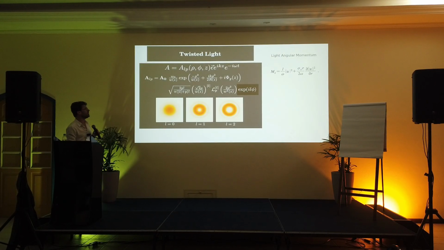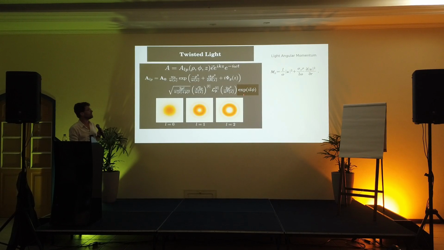And what we can calculate is that if a beam of this kind is analyzed in terms of its angular momentum, the angular momentum along the z direction, where z is the propagation direction, has two important components. One component is proportional to L, the phase information that you have here, and we will call this orbital angular momentum.